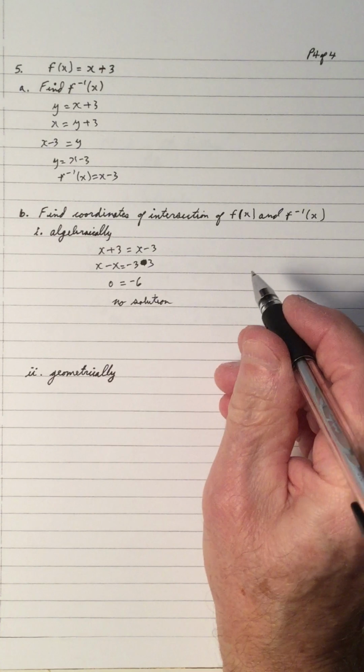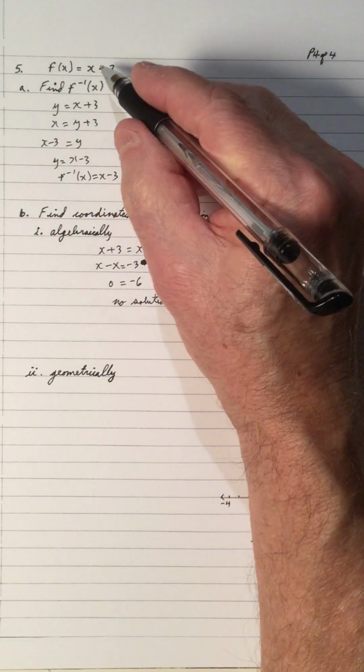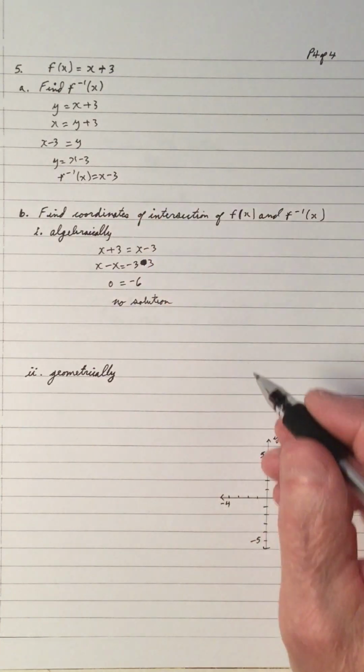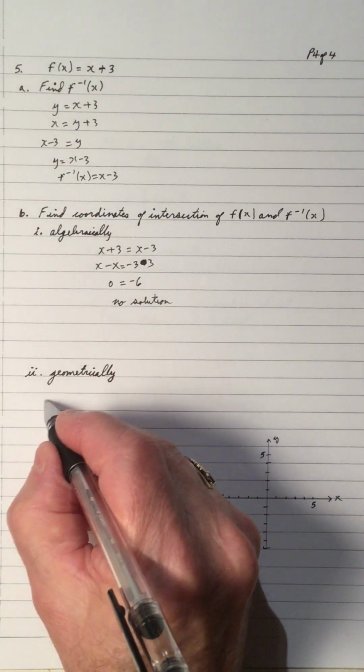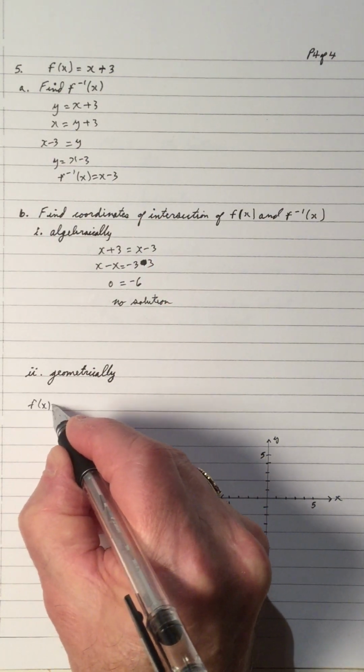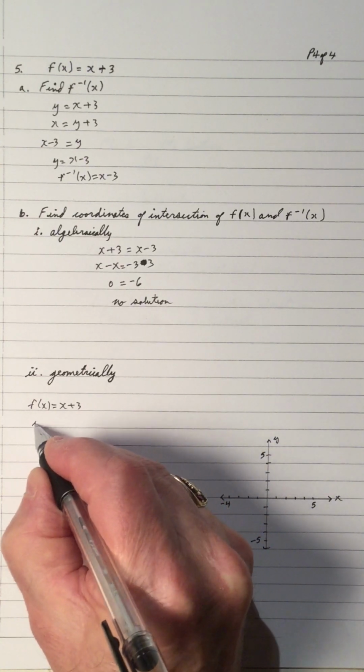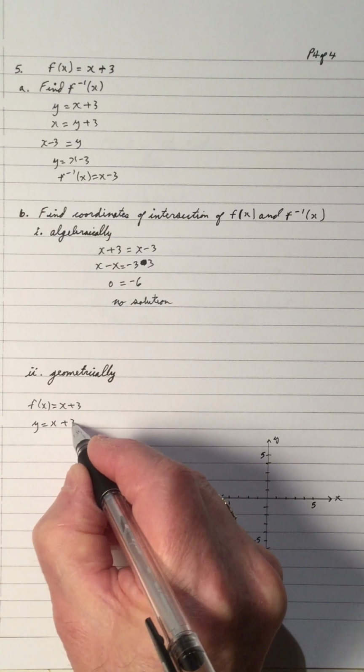There's no point of intersection. So why no point of intersection? Well, geometrically, if the f of x equals x plus 3, then y equals x plus 3.